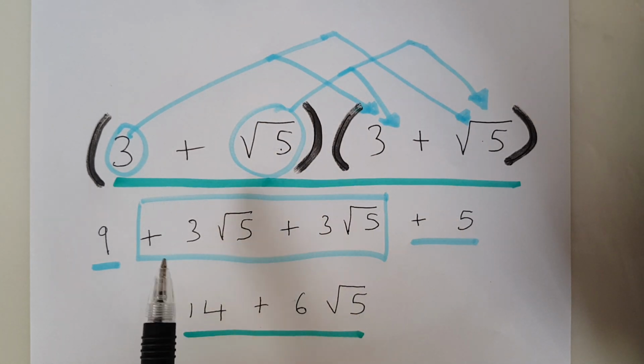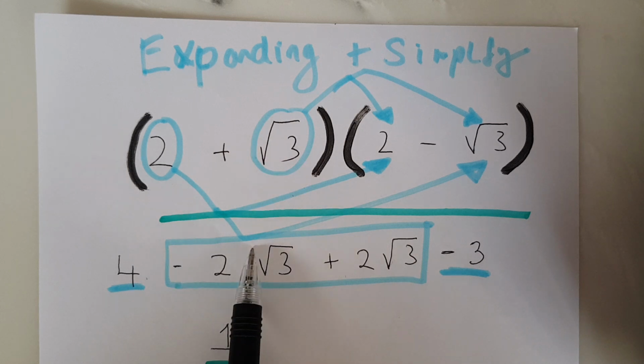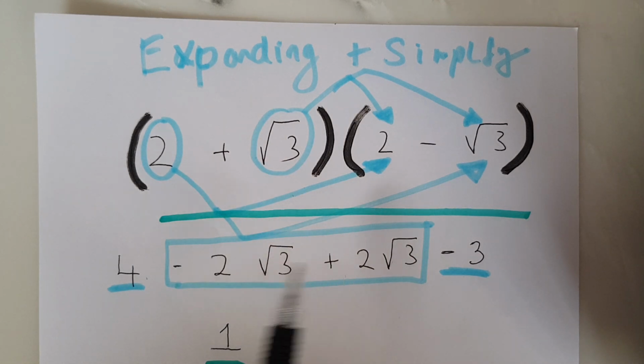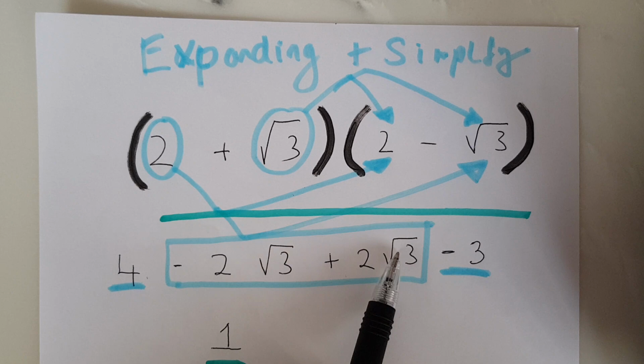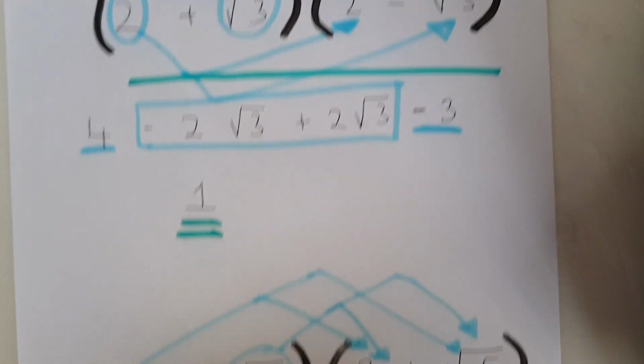And remember another thing, when you minus and plus the same number, it becomes 0. So minus 6 plus 6, or minus 10 plus 10, it becomes 0. So minus the same number and plus the same number becomes 0. Okay, and that is it. So that's expand and simplify surds.